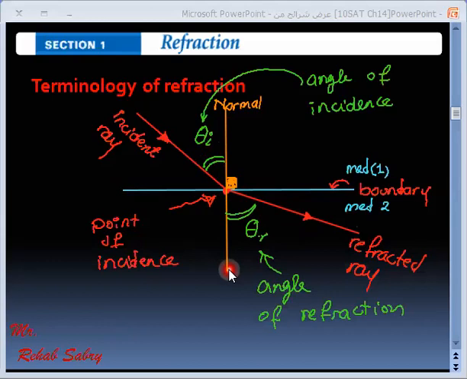A few minutes ago, we said the refracted ray may bend away from the normal, and sometimes it will bend close to the normal. How?